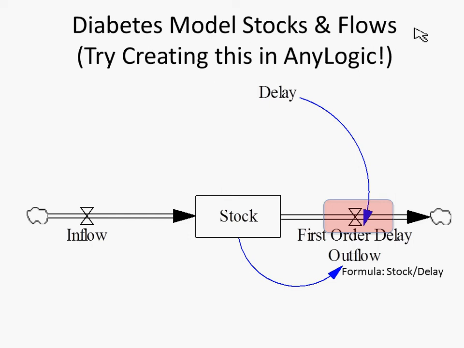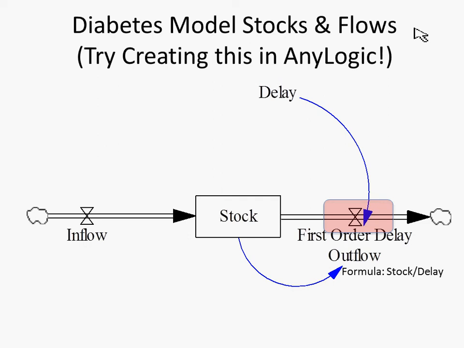What this actually depicts, ladies and gentlemen, is a situation where each one of those things has some chance per unit time of leaving of 1 over delay. So if the stock counts the number of people still in the hospital, 1,000 initially, each one of those people, however long they're in the stock, has this chance of 1 over delay per unit time of leaving.